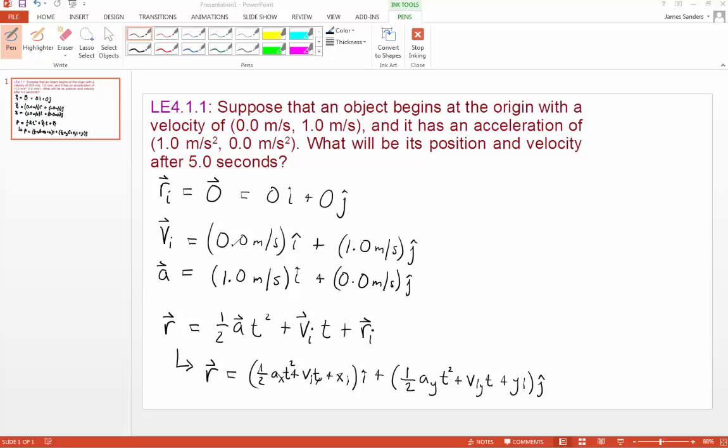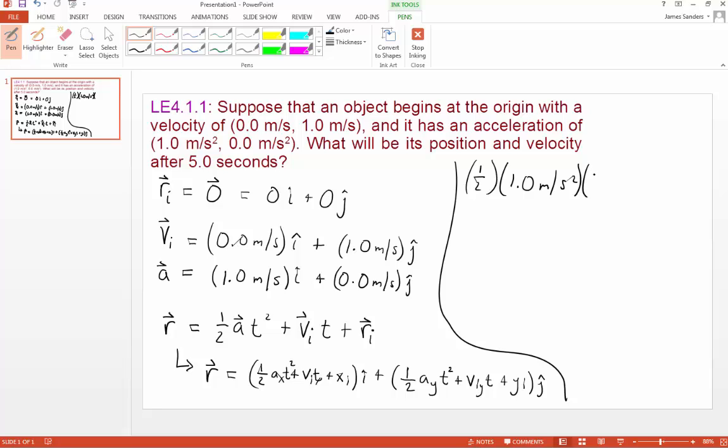So the x part basically ends up having something along the lines of 1/2 times 1.0 meters per second squared times the time, which is 5.0 seconds squared, and then the other two terms actually are both zeros here. And similarly, this term is 0 and this term is 0.